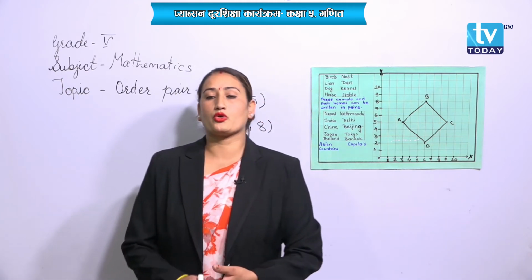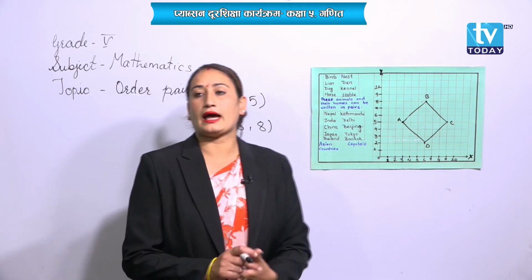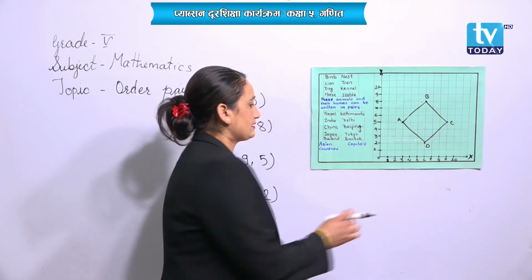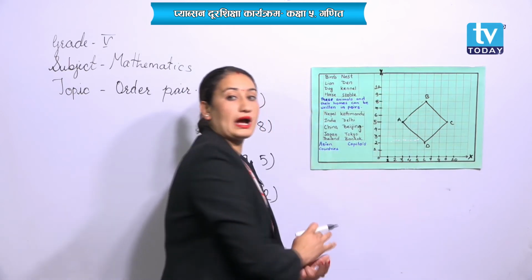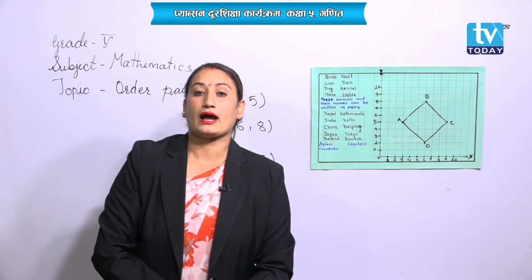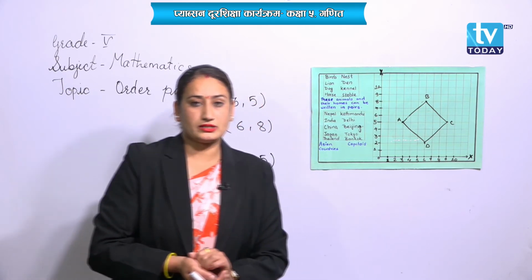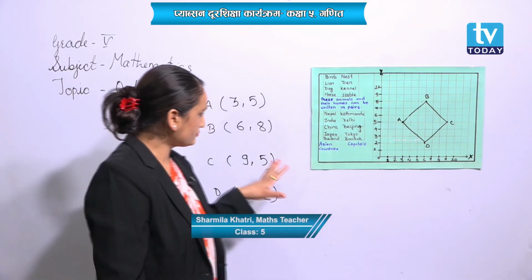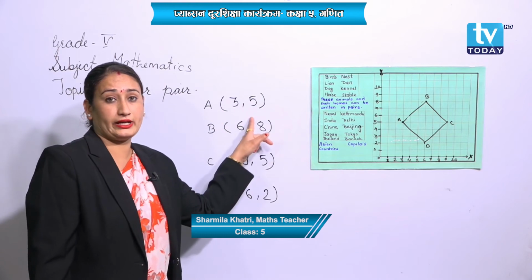So, row rooms are along the x-axis and column rooms are along the y-axis. This we call a row, and this going upside is a column. Have you seen this square? That is x-axis and y-axis. So, student, that means the position of point A is 3, 5.